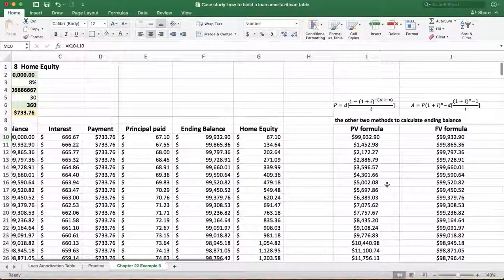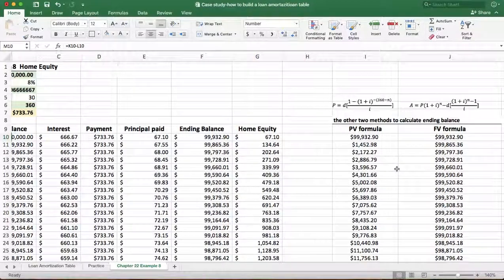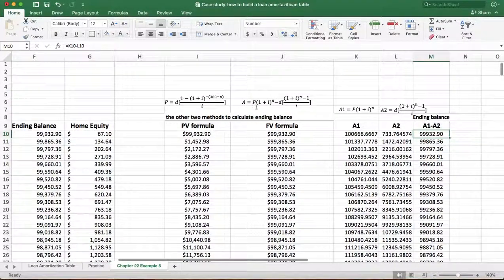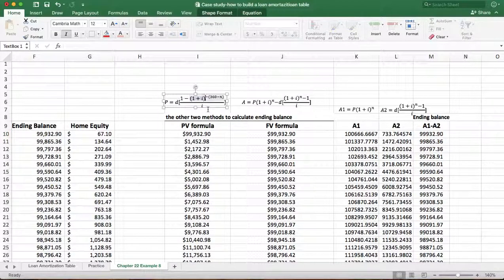For those of you who want to dive deeper on this topic, I give you two mathematical formulas and two corresponding Excel formulas to calculate the ending balance.